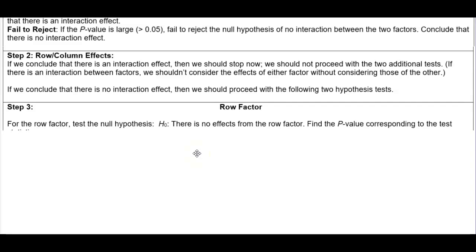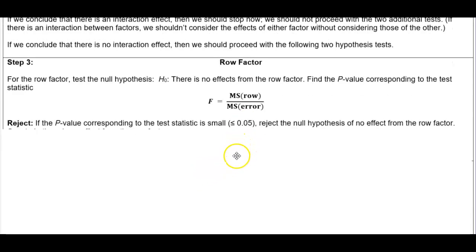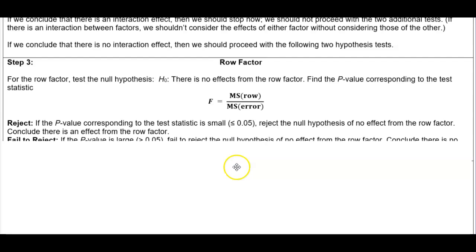Step 3, the row factor. For the row factor, you test the null hypothesis that there is no effect from the row factor. Find the p-value corresponding to the test statistic, which is the row divided by the error. Reject the null if the p-value is small, meaning less than or equal to 0.05.